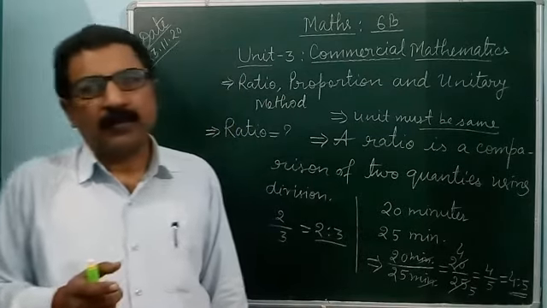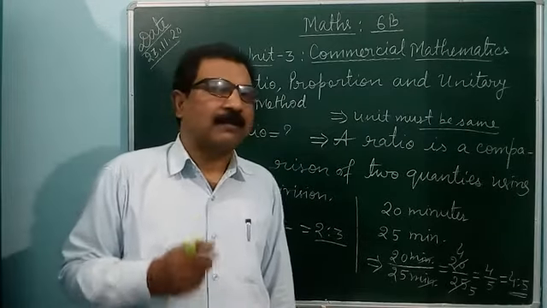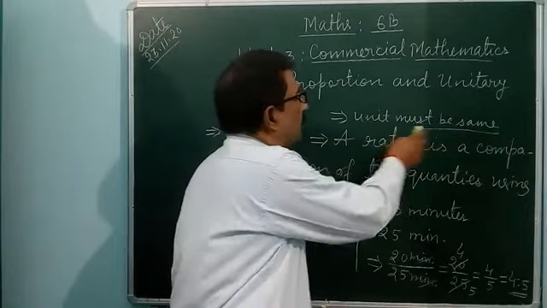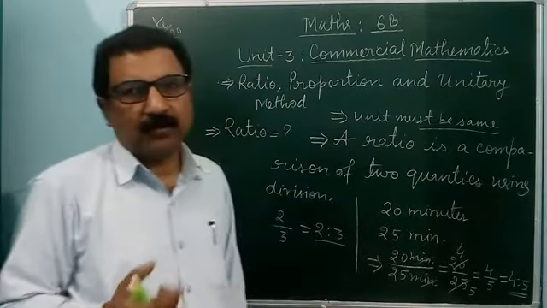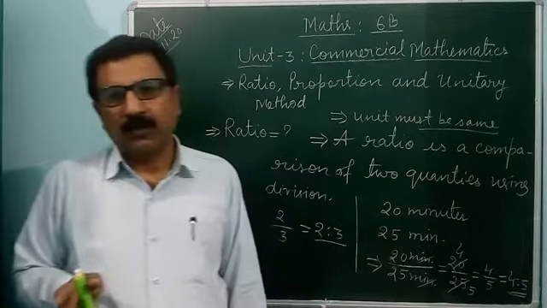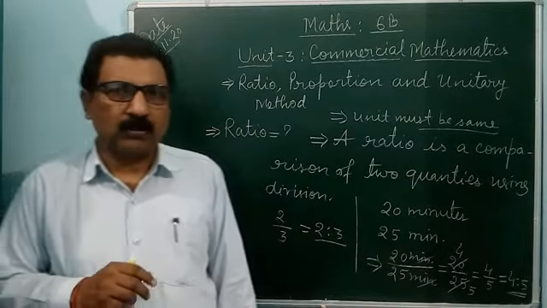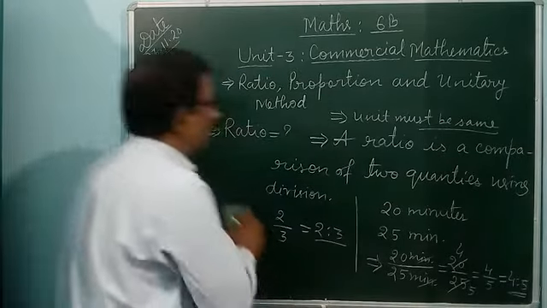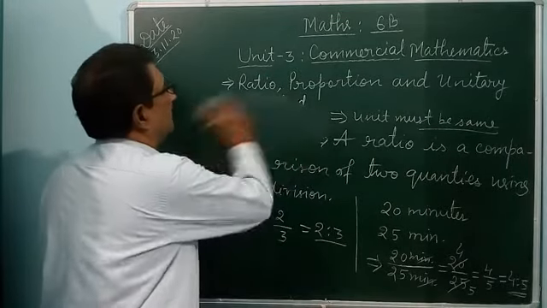So for the ratio, we take the quantities in the same unit. If the unit is not the same, you can't find the ratio. So in this way, you get the idea of the ratio.